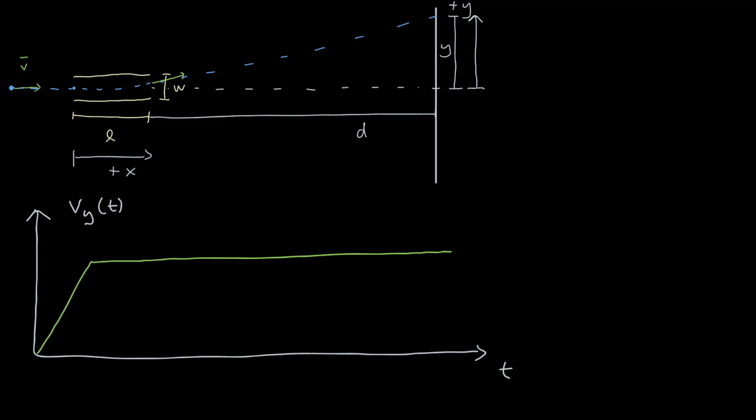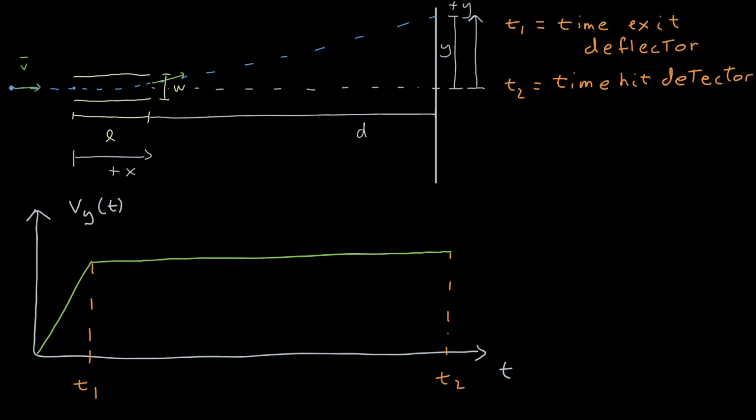The velocity, this is just the y component of the velocity. It starts out at 0, but it gains some velocity in the y direction while it's between the plates, and then it's constant for the rest of the time. Note the 2 key times, t1 and t2. t1 is the time it exits the deflector, and t2 is the time it hits the detector.